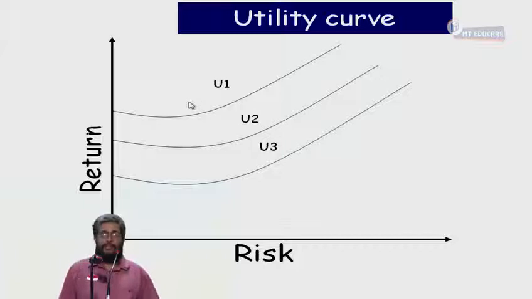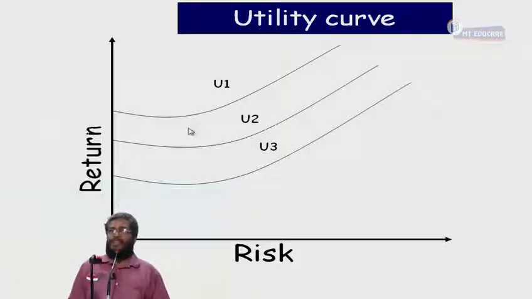If an investor can find a security in U1, I have given the curve name as U1, he will derive the highest happiness.